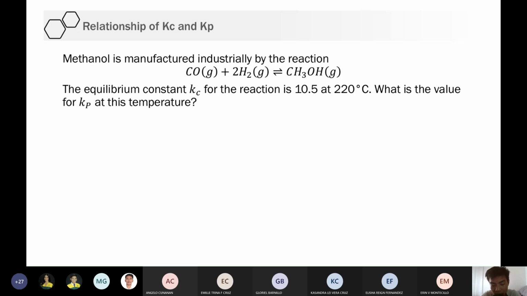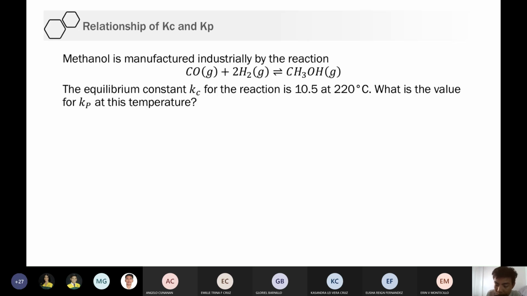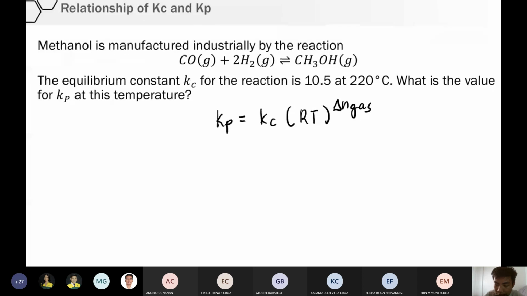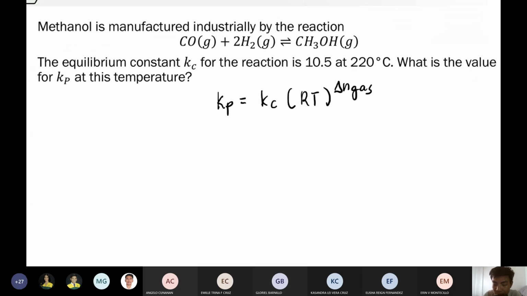So, given yung Kc, hanapin yung Kp. Anong equation gagamitin? Kp equals Kc (RT) raised to delta n gas. Okay? So, hinahanap yung Kp. So, okay na yung equation na yan.